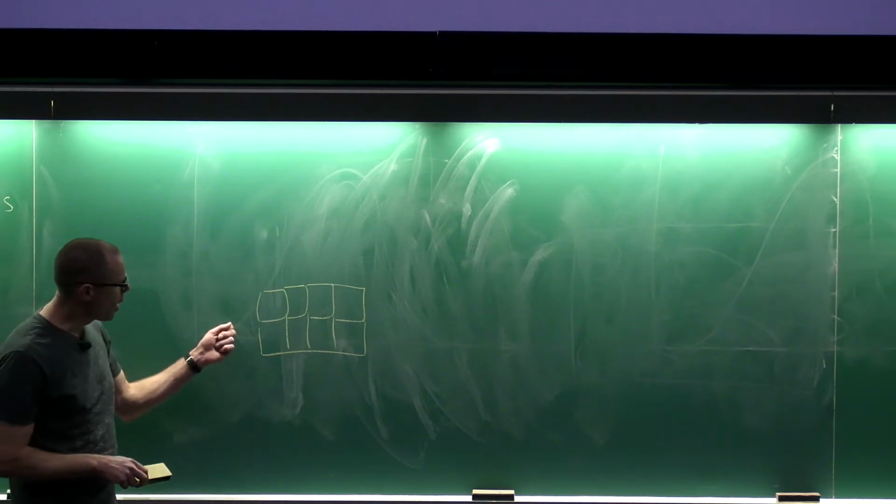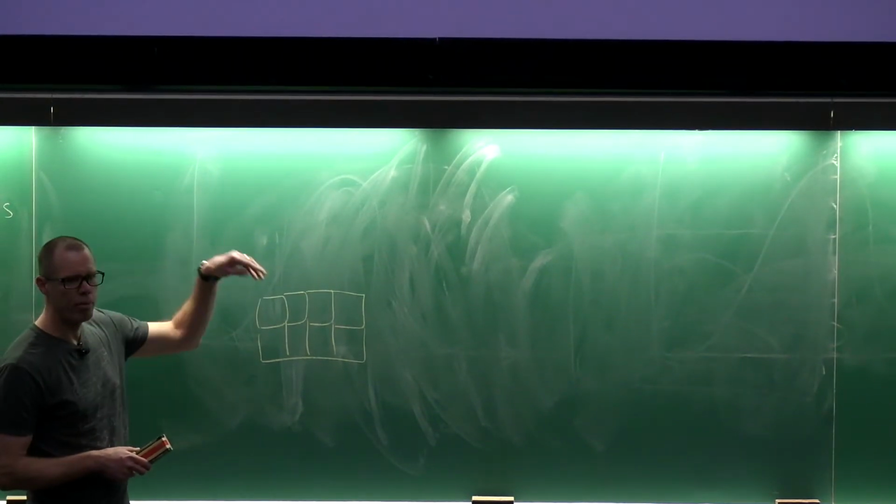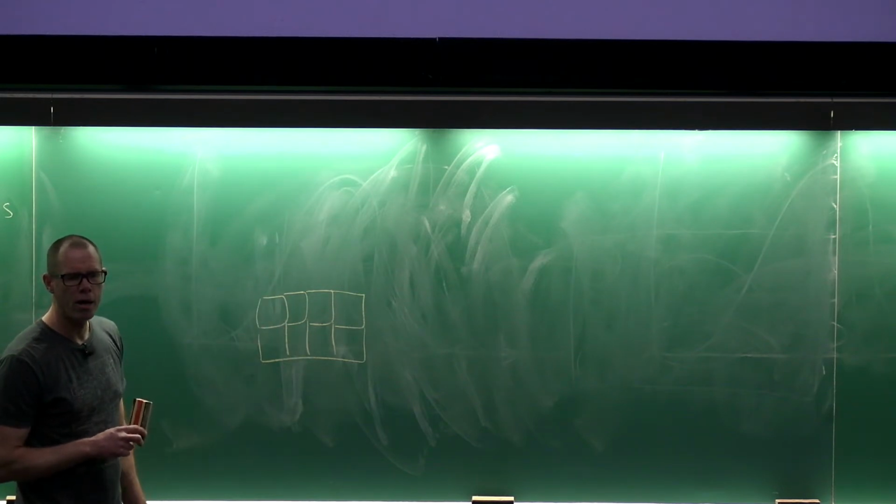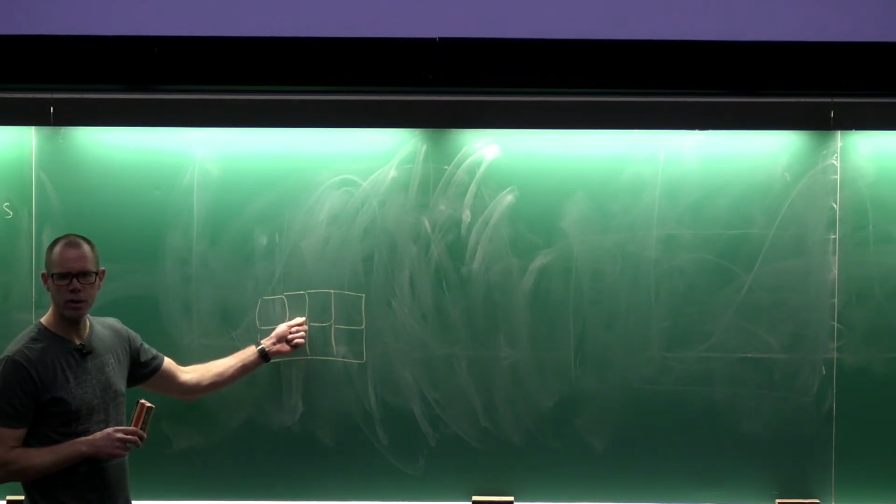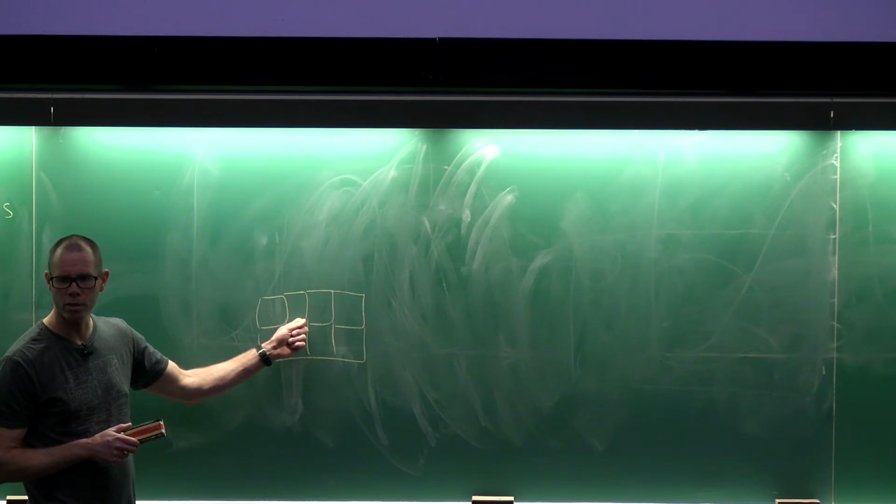So let's say I have K holes, and I try to take more than K pigeons and have them all fly into those holes. Then something fairly obvious is going to happen. If there are more pigeons than holes, and every pigeon flies into some hole, then there has to be a hole that contains more than one pigeon, right?